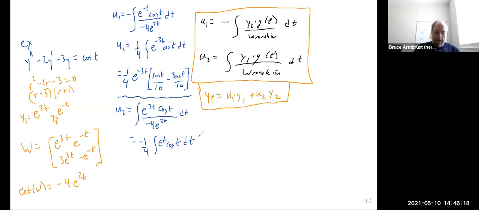All right, and what I get there is minus 1/8 e to the t times cosine t plus sine t.